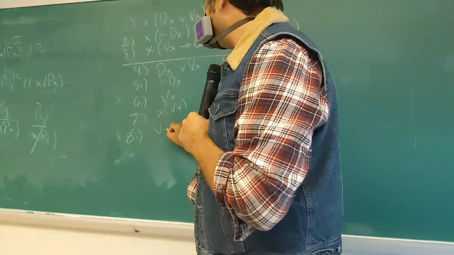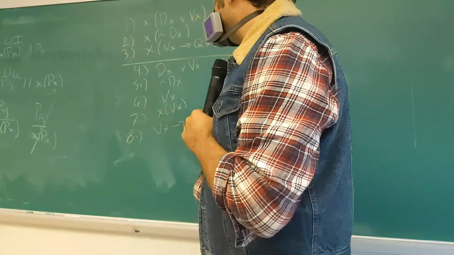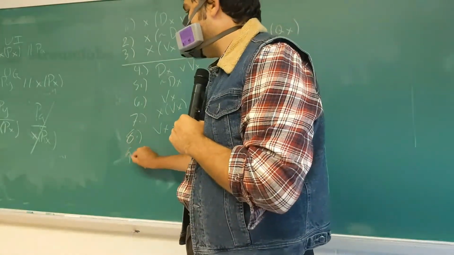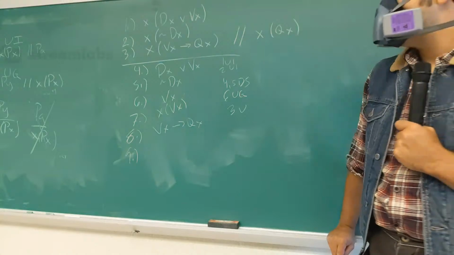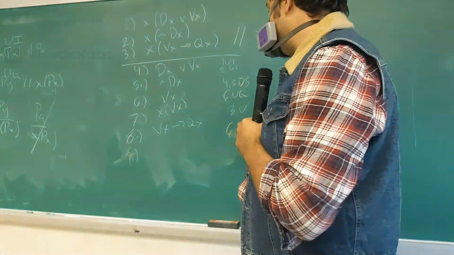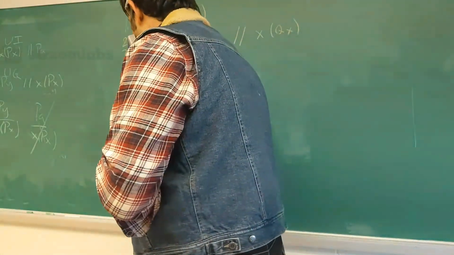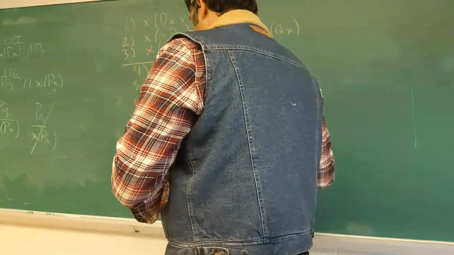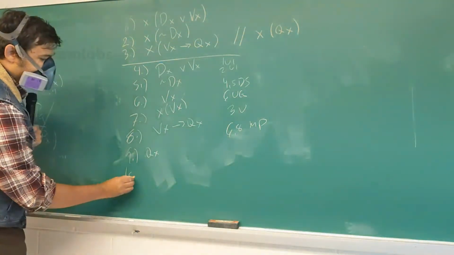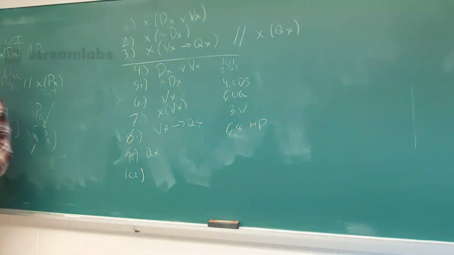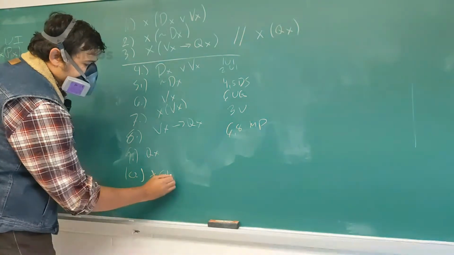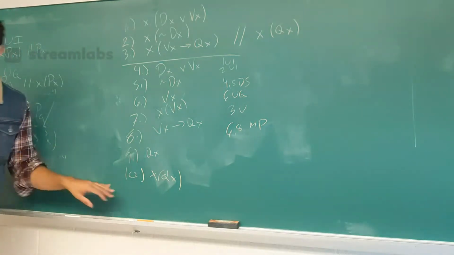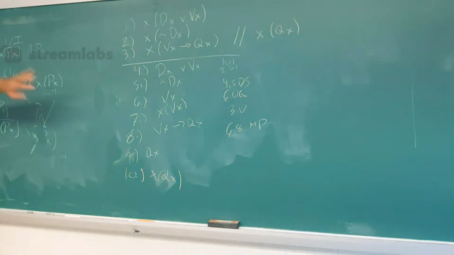And I'll get Vx, then Qx. Now what do I do? Use both exponents to get Qx. So 6, 8, Qx. What's my final step? To generalize. To generalize for any x, Qx. Yeah. Universal generalization from that.